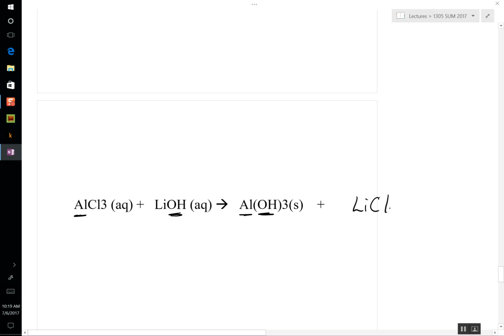And what would the formula of lithium chloride be? Here's lithium. What's its charge all the time? +1. There's chloride. What's its charge? -1. So what's the right formula? That one right there. So you don't write LiCl3 because you see 3 chlorides over here. You write the formula of lithium chloride. And it is soluble.